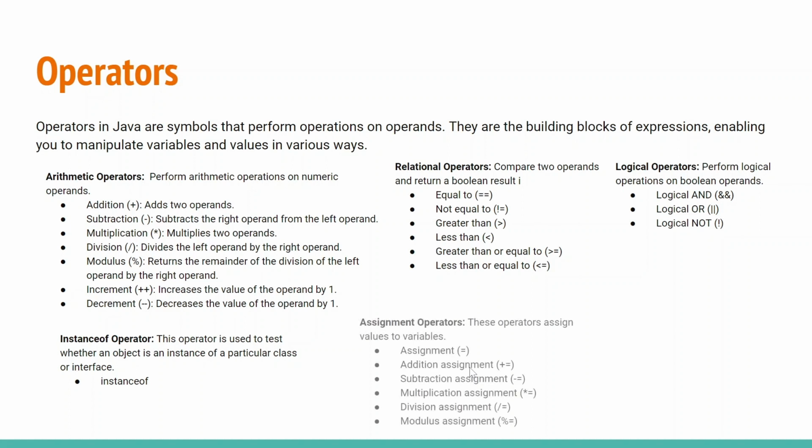This is more on the classes and objects, so we can ignore that. And assignment operator. Already we saw the assignment operator. Int i equal to 10, there equal to is the assignment operator. This addition assignment means we are incrementing the value and assigning it. So we'll get to that in our coding example.